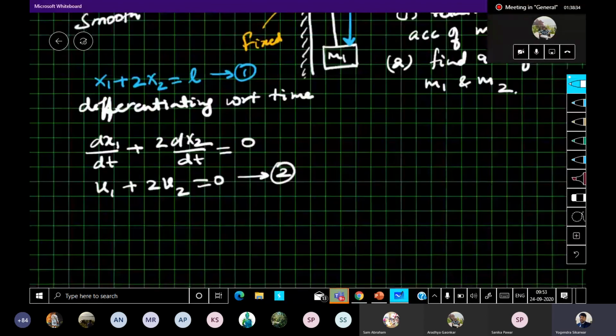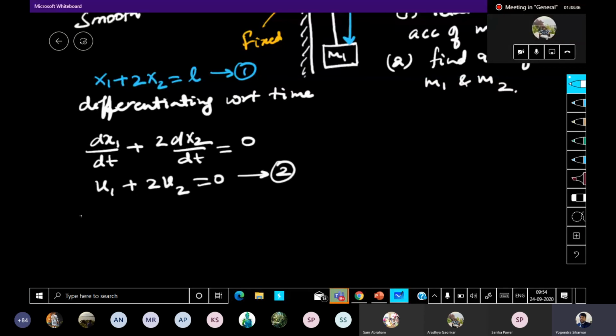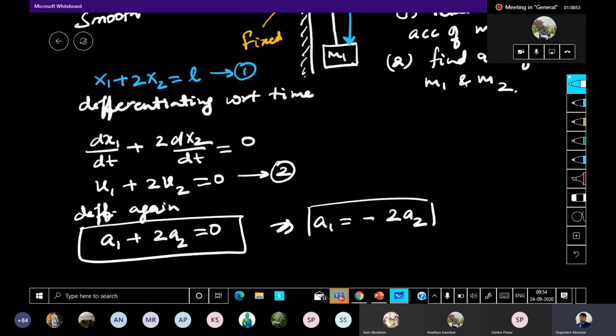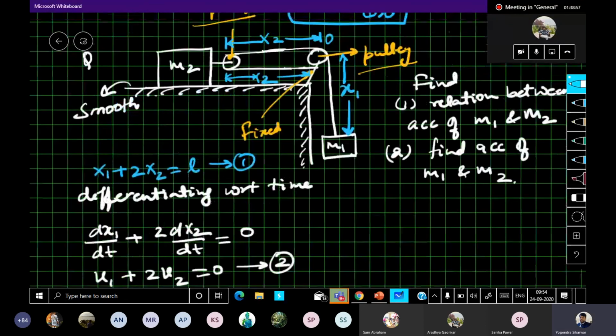Let us differentiate once again. Differentiating again, a1 plus 2a2 is equal to 0. That means a1 is equal to minus 2 times a2. Now what is the meaning of that? Try to understand.